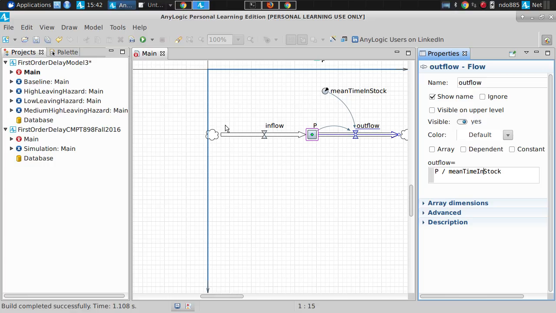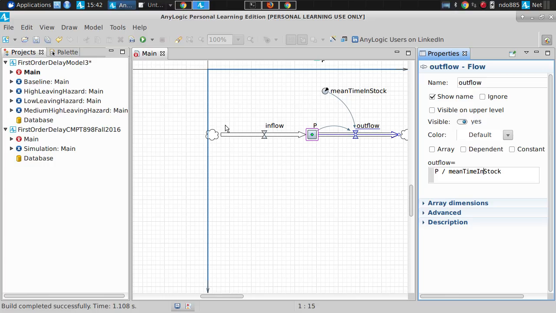P over tau. Note the units associated with each of these. Alpha is units 1 over day. It's per day chance of leaving. Tau, ladies and gentlemen, is units of what? If alpha is 1 over day, 1 over alpha is what? Days. Days, ladies and gentlemen.